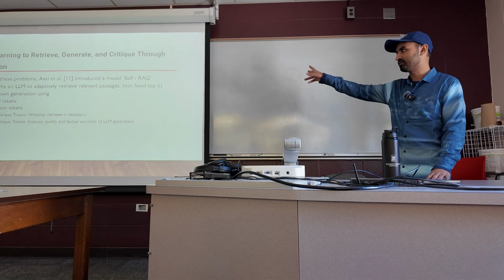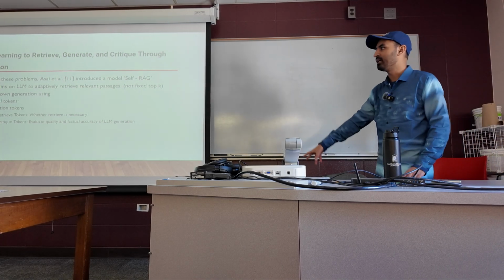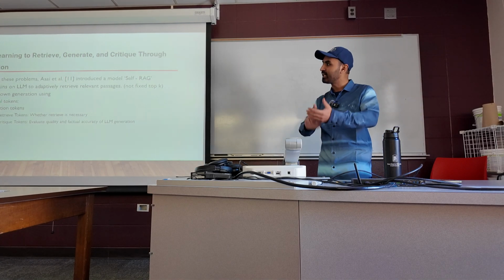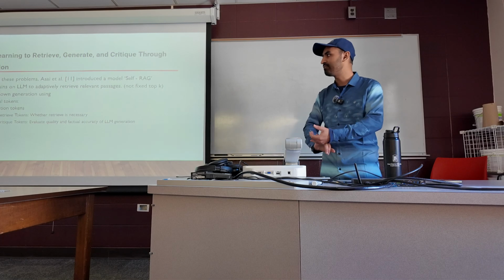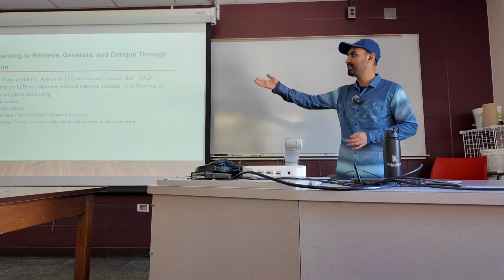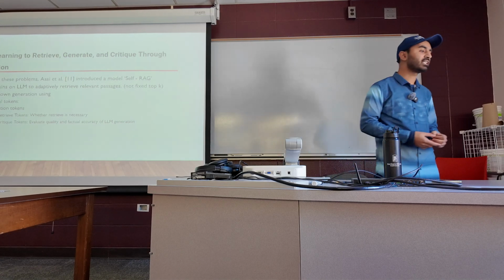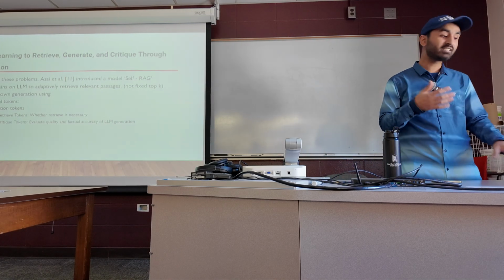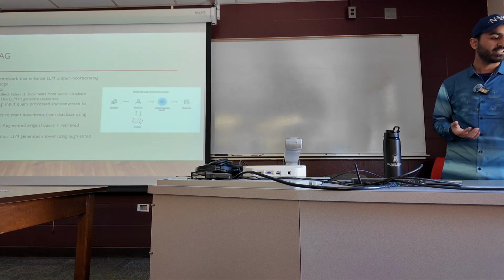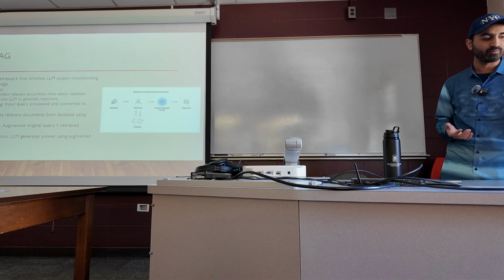They are not providing a fixed top K, and they are using 2 types of tokens. One is special tokens, and another is reflection tokens. For the reflection tokens, they are using retrieve tokens and critic tokens. So what are retrieve tokens? Retrieve tokens are used when retrieval is necessary.